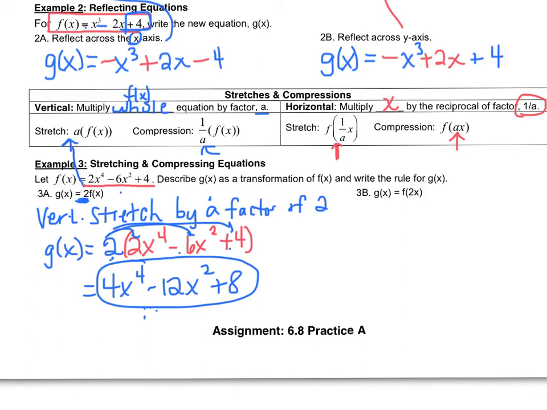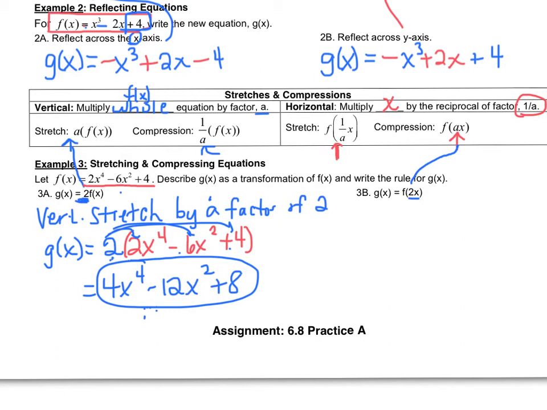Now for the last one, 3b. First, let's identify the type of change. The 2 is inside the parentheses with the x, so that means it's going to be a horizontal stretch or compression. But we just have to figure out which it's going to be. Since 2 is a whole number, it's going to be a compression.